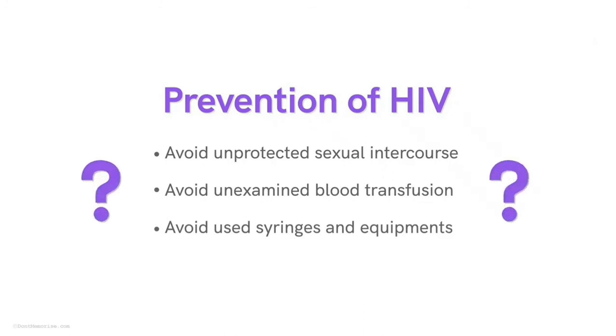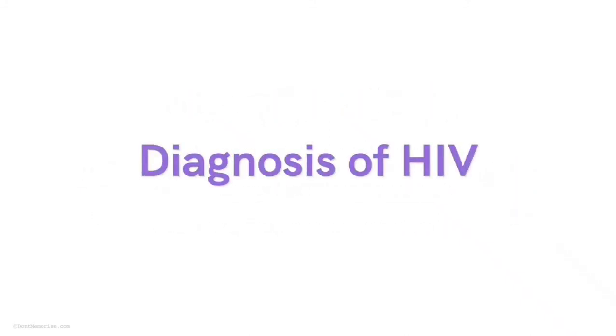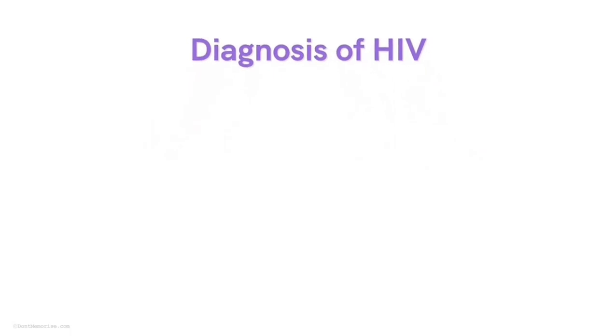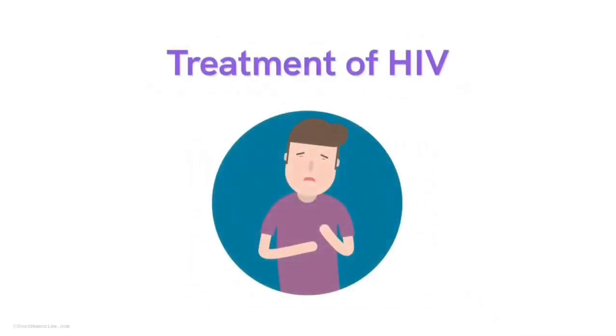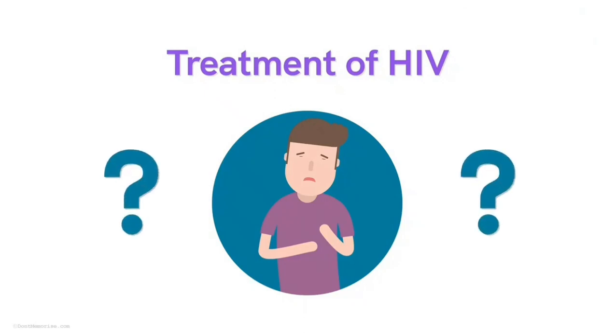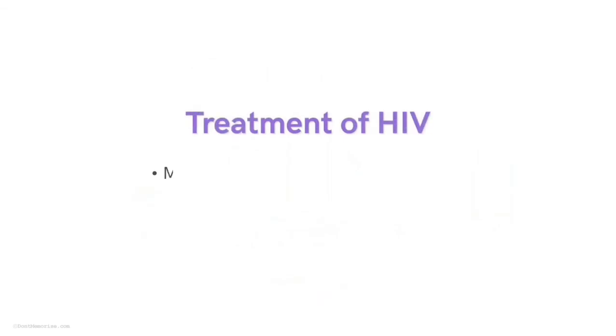And how is one detected with the infection if the unfortunate event does strike? The diagnostic technique used for testing the presence of HIV is called enzyme-linked immunosorbent assay, abbreviated as ELISA. We know that the HIV is not really curable after a certain point. So what can be done in case a person gets infected? There are different drugs available today that can be consumed to control the viral growth.